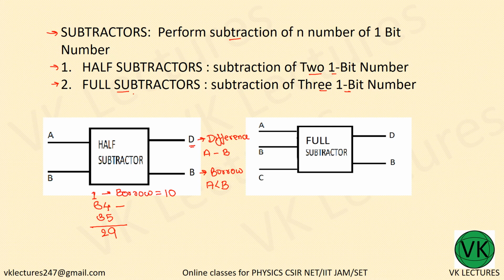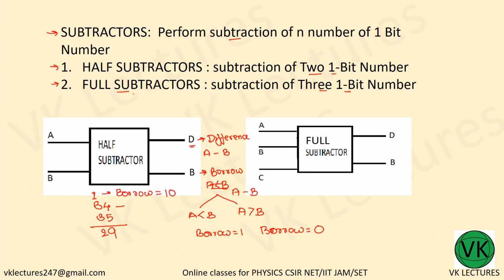So what are the values of borrow? There are two cases, A less than B or A greater than B. You are doing A minus B. If A is less than B, borrow equal to 1. If A is greater than B, borrow value equal to 0.